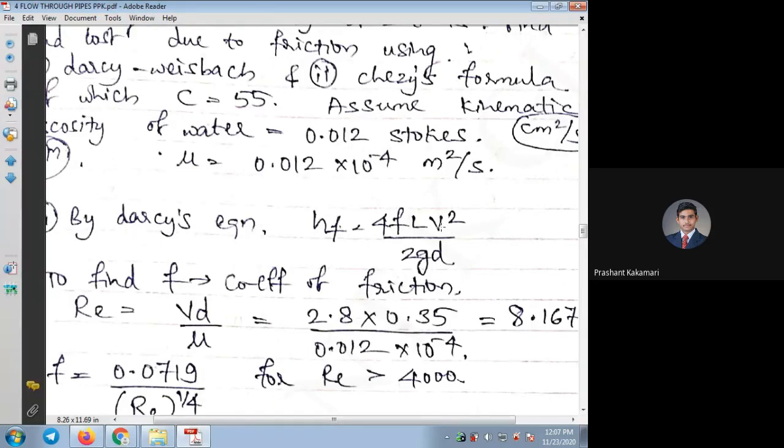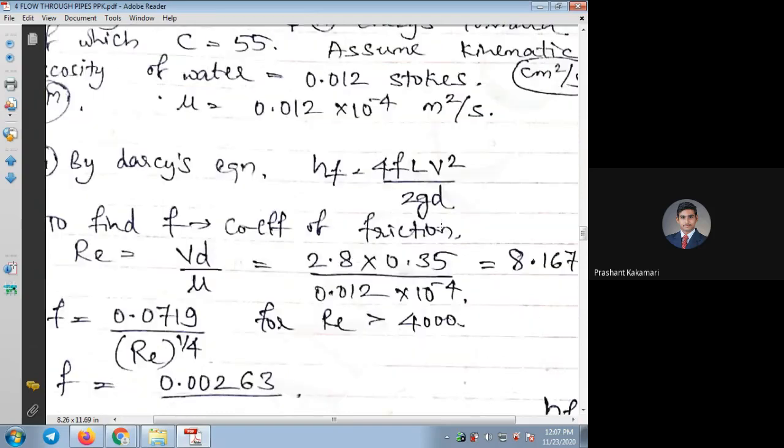So now from this, one can find out the coefficient of friction in another way also. As we discussed in the derivation, if the velocity is not given also, we can find the other terms. So which other terms are required here?